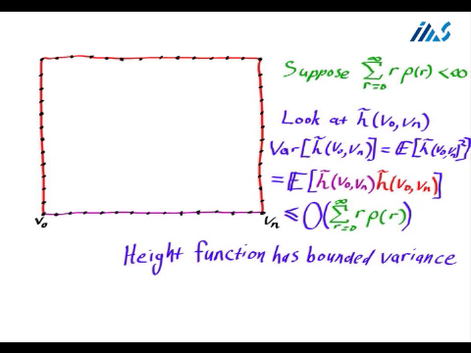And add up all the correlations here. Because most parts of the path are far from one another, it's not too hard to check that this expectation is bounded by the sum of r times rho of r, where r goes from 1 to some constant times n. And in particular, that's bounded.